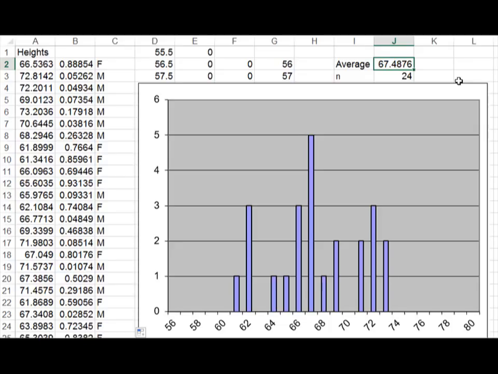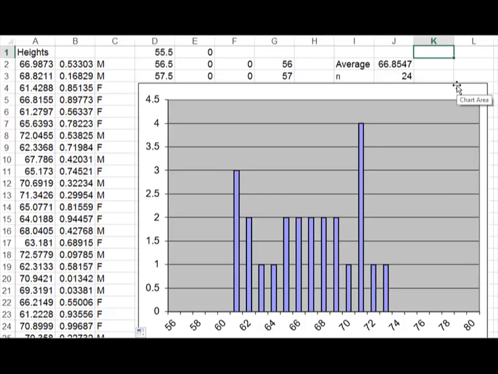Now, if I had to guess a single number, I would say that because our sample mean was 67.5 inches, that was the mean of the 24 people that we looked at, I would guess that the mean of all people in the population is also probably right around 67.5 inches. However, if we randomly select 24 more people, now we get an average of 66.8.